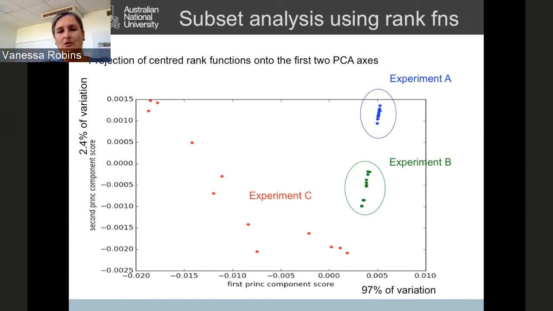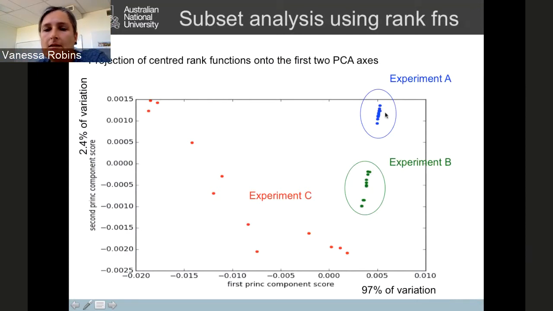But when we do PCA, we're projecting that cloud onto a plane, or one or two axes of variation. So what my data points here are showing is the projection onto the first two principal component axes.